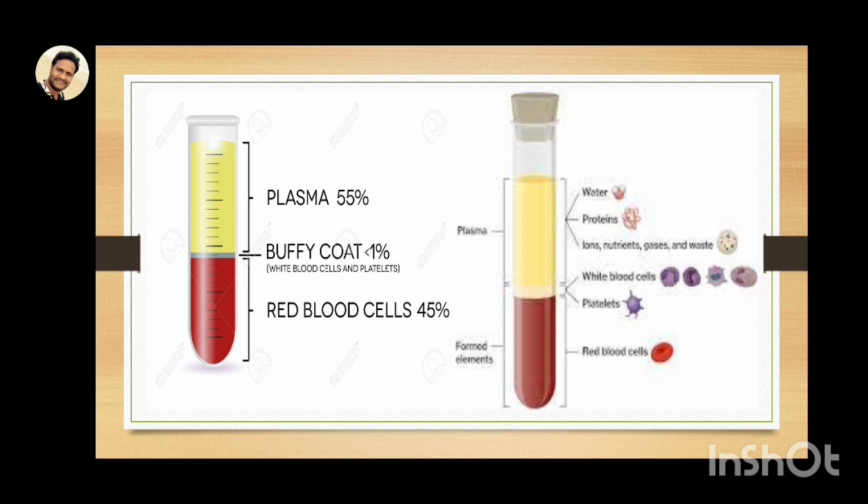At the top is the pale yellowish plasma, the maximum at 55%. In between plasma and red blood cells is the buffer coat, which contains WBC and platelets. Plasma is mainly 90% water, with some proteins, ions and nutrients.